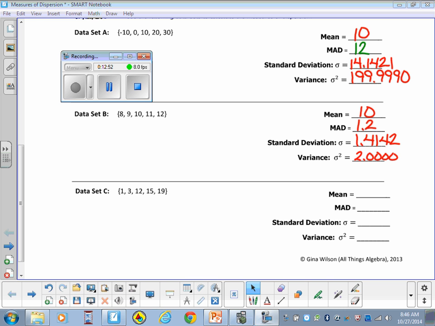That's a 40-point spread. Data set B goes from 8 to 12. That's only a 4-point spread. So much closer together, and our mean absolute deviation reflects that with a much smaller number. So does our standard deviation. It's much smaller because our data is much, much closer together. And that's the whole point here.